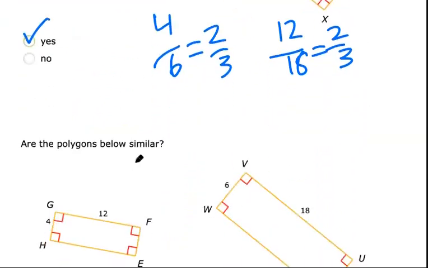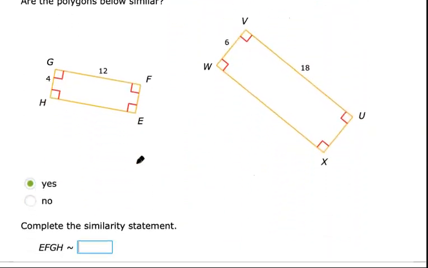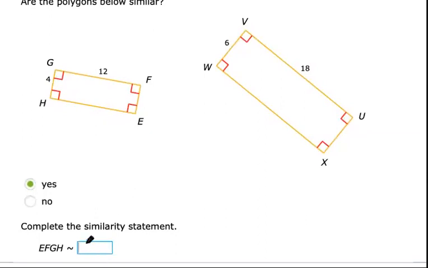So after we answered that, we're going to have to complete the similarity statement. And this one is going to be XUVW. Let's see why. So E, starting out here, the F is going to be 4. X to U, 6.